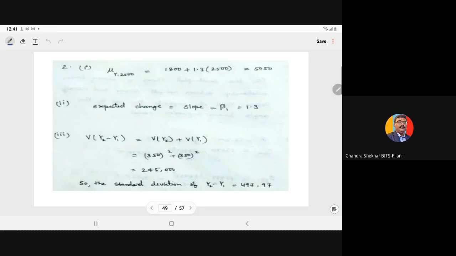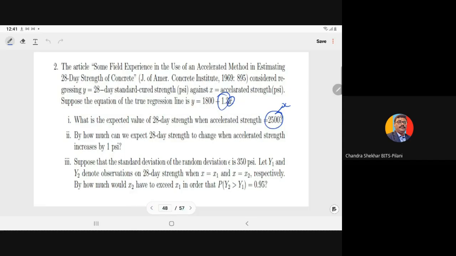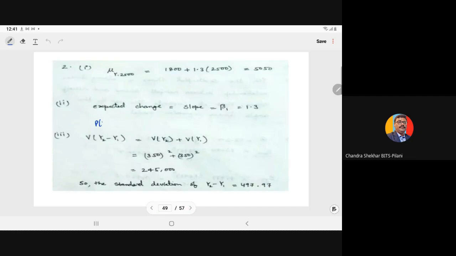So it is similar to the previous question. In this case, we compute the mean and variance for y2 minus y1. When we say y2 greater than y1, it is exactly the same as saying y2 minus y1 greater than 0.